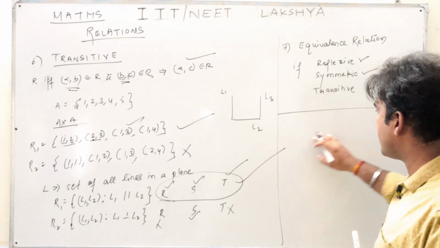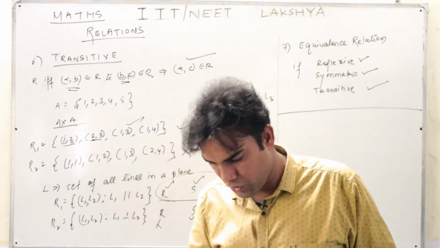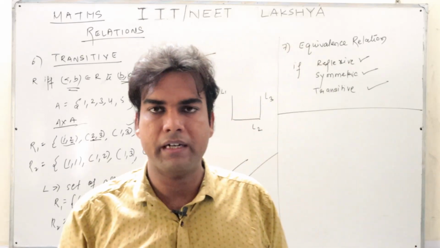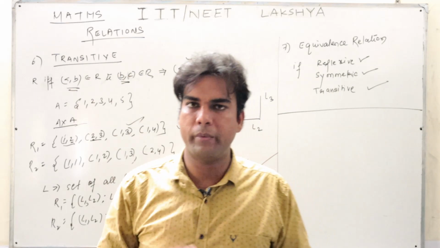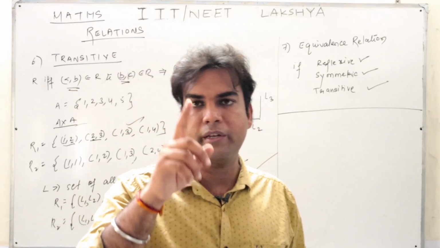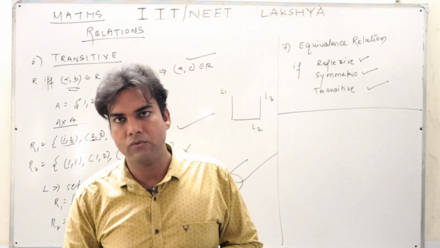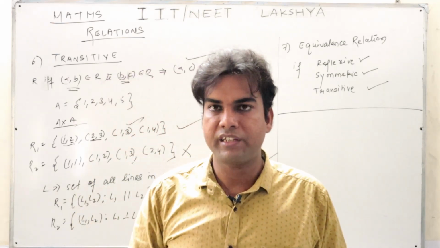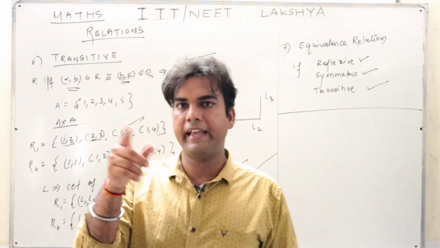So that is as far as the types of relations are concerned. 7 important types. Void relation, which is your phi, contains null element. Universal relation, which is basically your Cartesian product itself, A to A or A to B. Then we had your identity relation, every element should be related to itself only. Then we have reflexive, an element is related to itself, other things may also be there, but if A is there, then AA should be there.